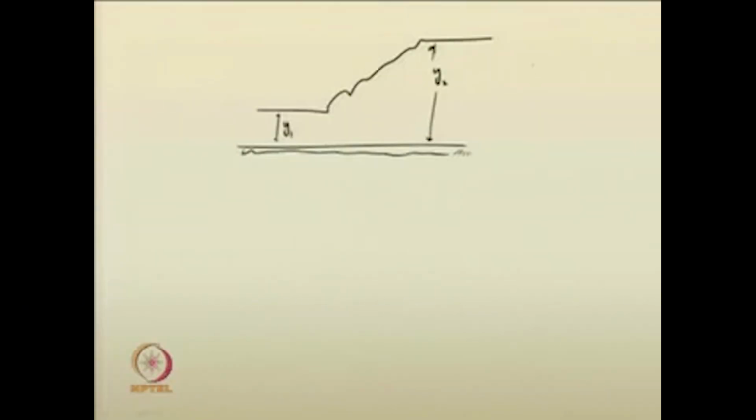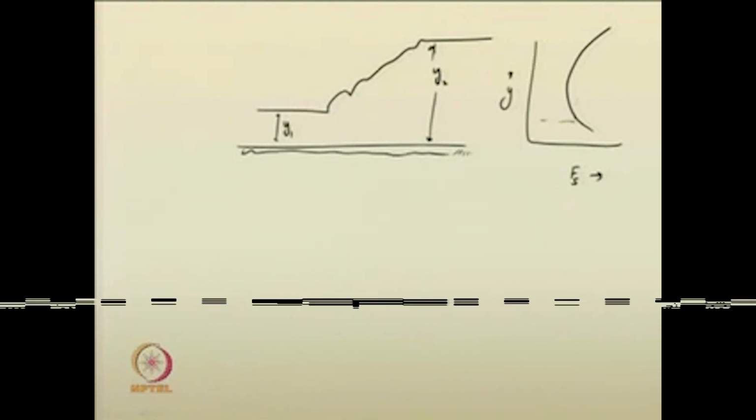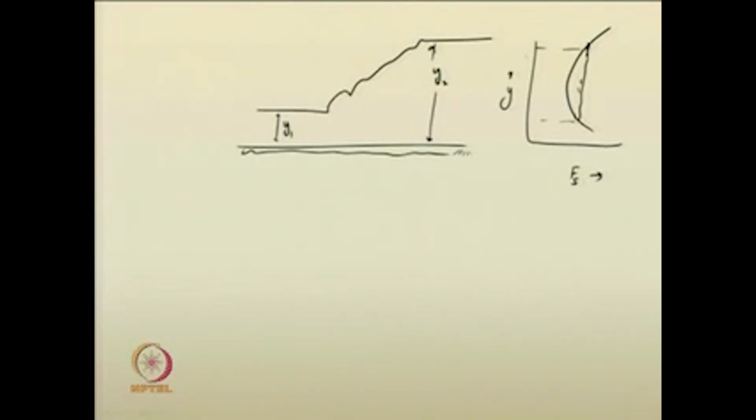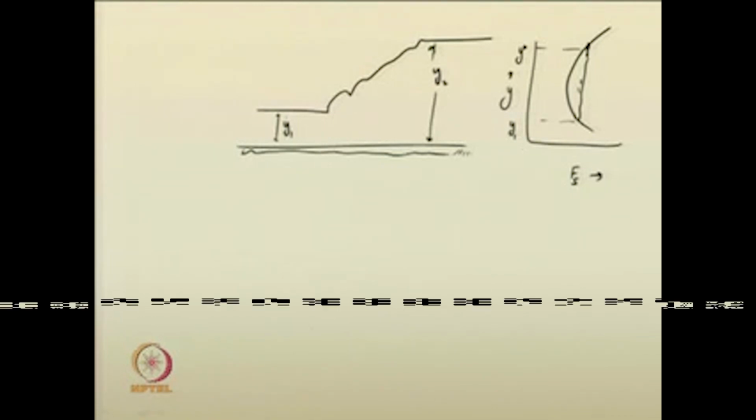If you have seen the specific force, it may consist of a curve like this, specific force versus depth, and for the same specific force you have the corresponding sequent depth of the previous depth in the upstream.